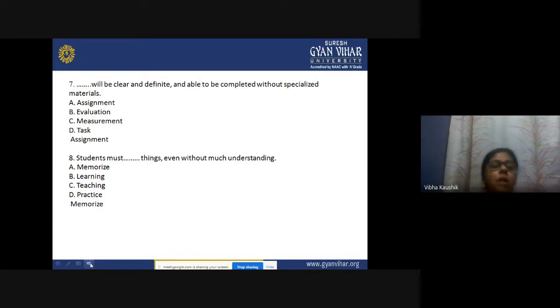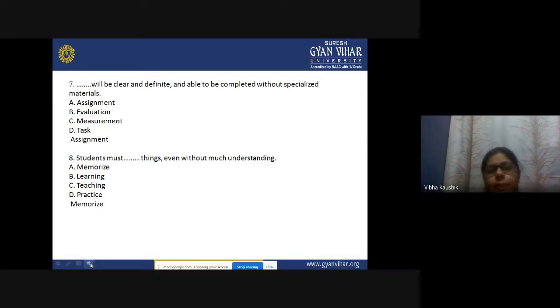Now the options are A assignment, B evaluation, C measurement, or D task. Now these are the options A, B, C, D. Now you have to select the correct one on the basis of the given choices. Now the correct answer will be assignment.